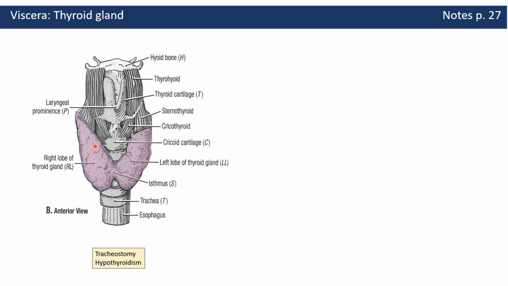As you might imagine, enlargement of the thyroid gland can compress the trachea, making breathing difficult, but also the esophagus, which lies immediately deep to that, can also be impacted, resulting in dysphagia.